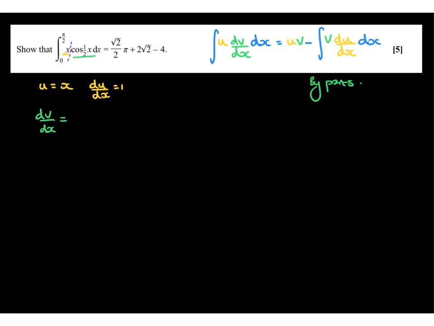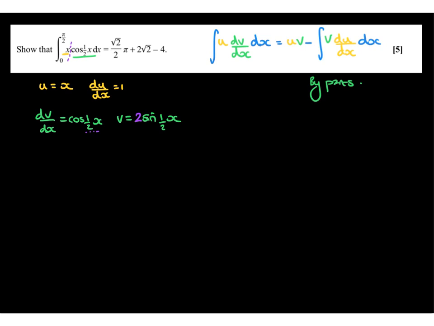So dv by dx is cos a half x, so integrating that then gives me v equals. Now, integrating a cos function becomes a sine function, so sine of a half x, but I need to divide by the derivative of this inner function, and dividing by a half gives me a multiple of 2. So there we have the components.